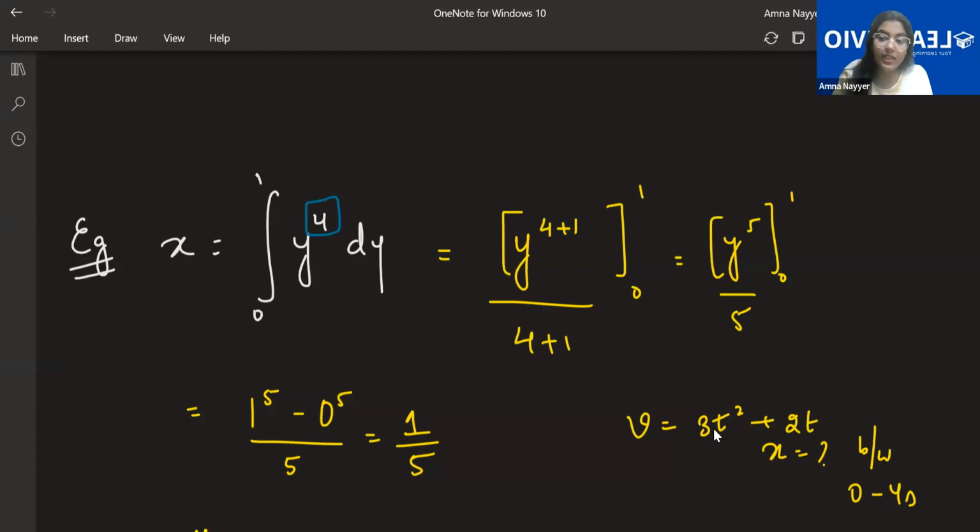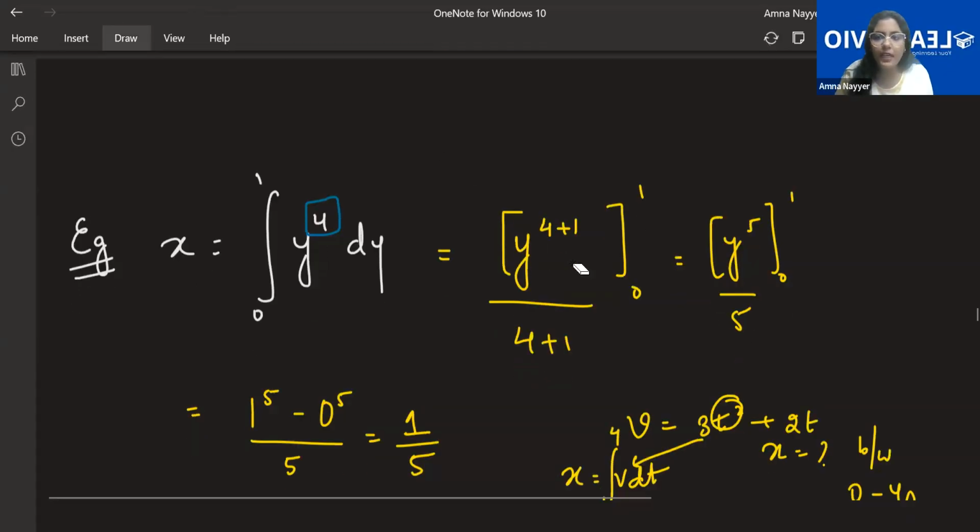If this equation was of position, you would have just differentiated it and put the limits, the values of time, and got the value. Right now it's opposite. So we will now write it as v dt and this equation here, and when we integrate it, we'll put these limits because these are representing the time and all these functions are for time. Got it? Yes, ma'am.